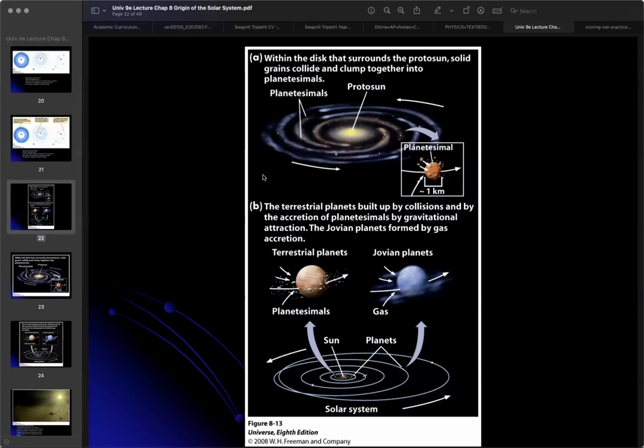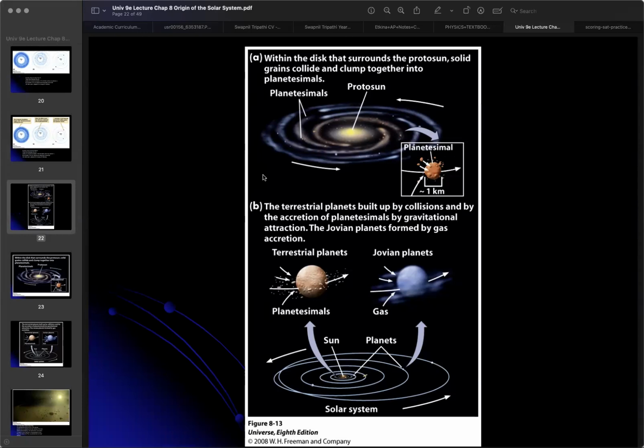Planetesimals are the initial small nucleus around which more and more matter aggregated to form the full-fledged planets that we have. They just kept colliding into other pieces to form bigger and bigger pieces, which eventually form the planets. This is how the terrestrial planets were formed, built up by collisions and by the accretion of planetesimals by gravitational attraction.